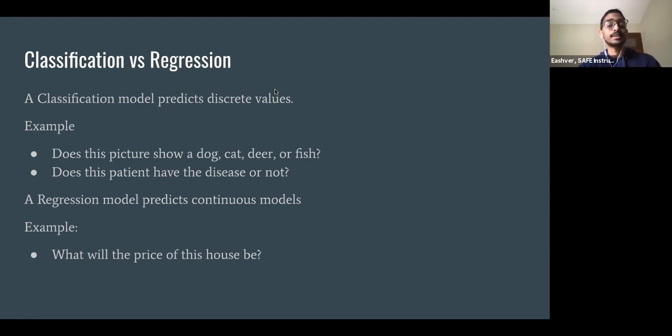Regression is, as Julia put it well, the range of values that you're predicting, while classification is two discrete values or multiple discrete values. And then, you want me to go over? I can go back.